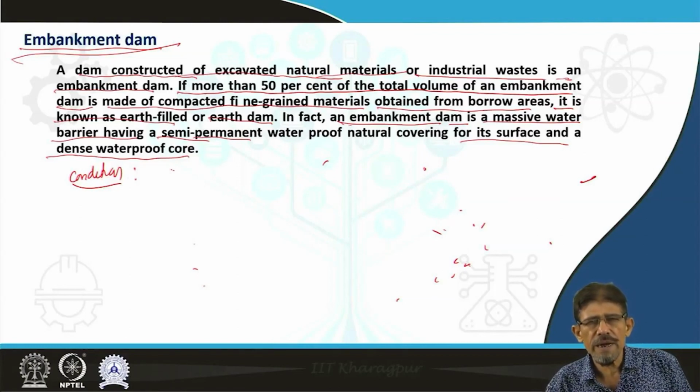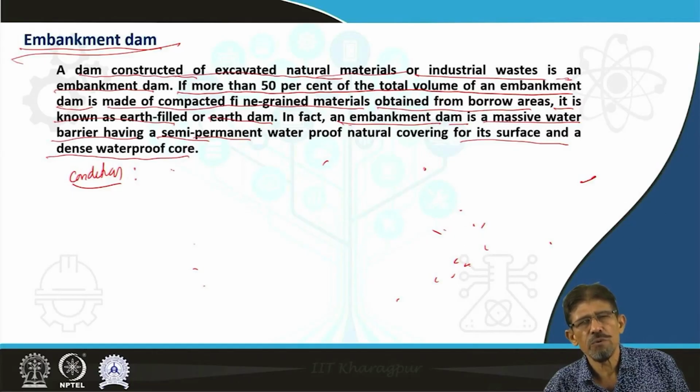The major advantage is that it is labor friendly. This type of dam construction is a labor friendly project where we involve a number of laborers, a number of people, to improve the employment of the country. Another thing, the design is very simple and the materials are available nearby.